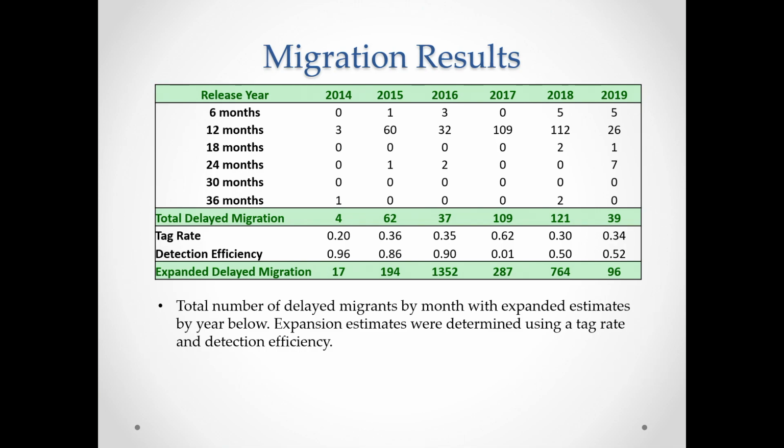So then we expand those numbers to the total release population, looking at tag rate and detection efficiency. And you can see there was anywhere from 17 to over 1,000 fish that were delayed migratory fish that went out after 3 weeks from release.